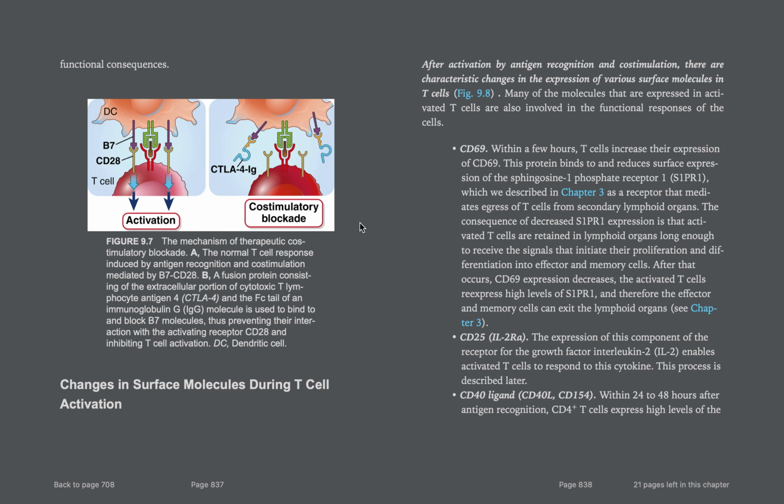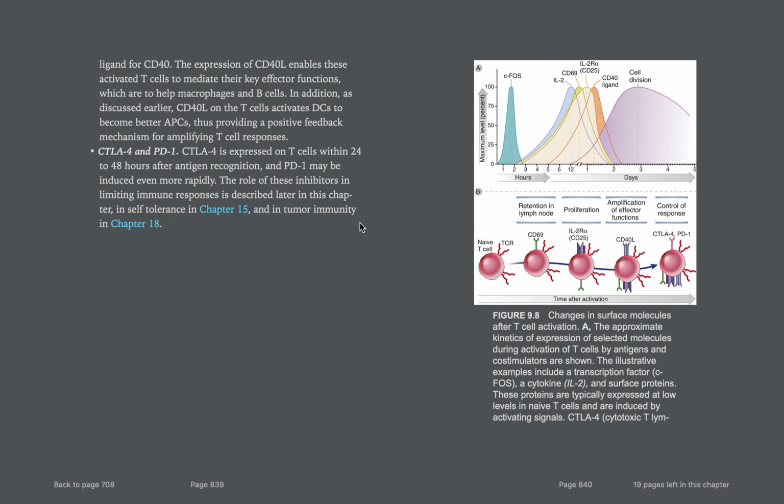So, as a reminder, these are proteins that are produced. These are on CD4 cells: CD69, CD25, which we'll discuss later, and CD40 ligand, which are produced within 24 to 48 hours after antigen recognition. CD4 cells express high levels of CD40 ligand.